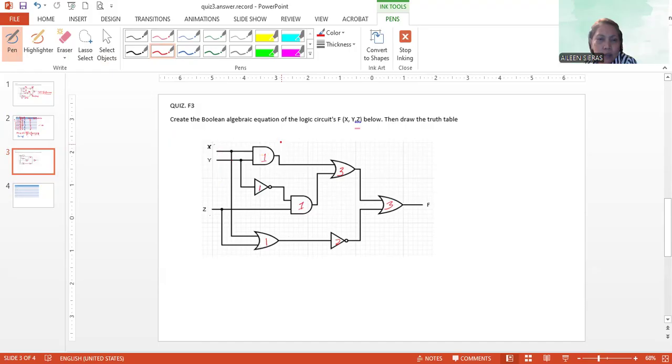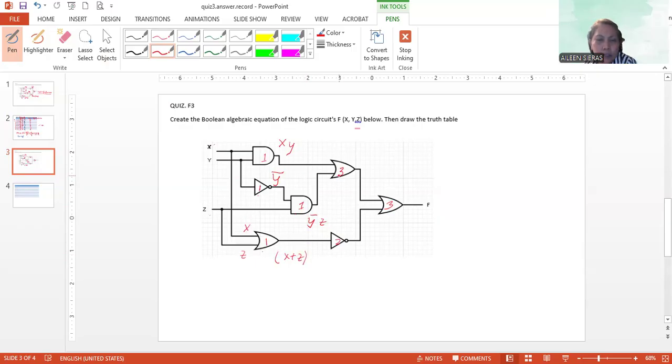So X, Y, we have X, Y. Then next is the NOT gate is connected to Y. So Y, NOT. And then this AND gate here is connected to Z. So we have here Y bar Z. Our first OR gate here is connected with X and Z. So we have here X plus Z. Okay.